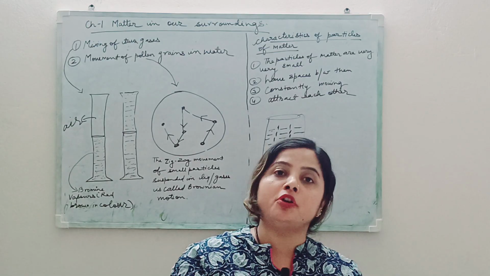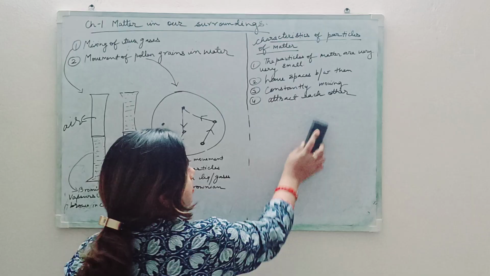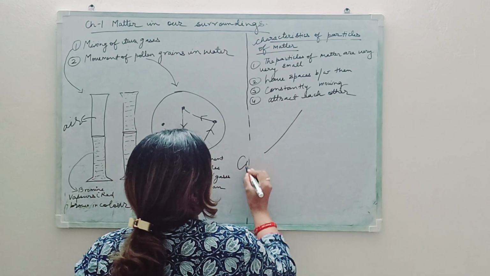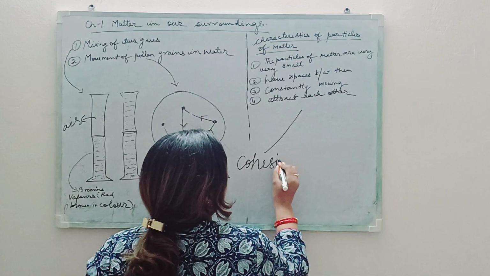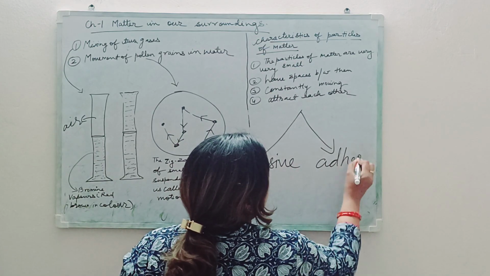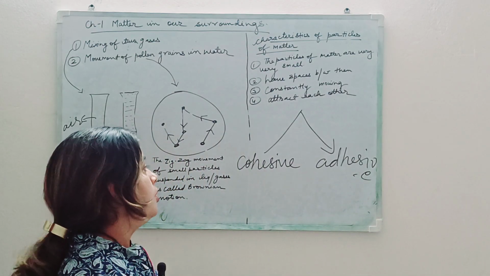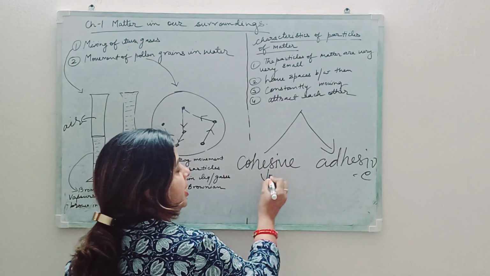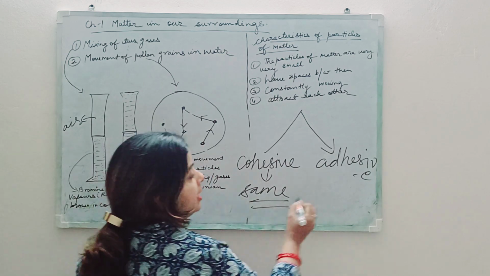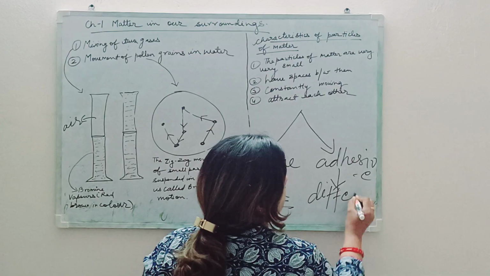Let me tell you, there are two types of forces: cohesive force and adhesive force. Cohesive force is the force between same type of particles, and adhesive force is the force between different types of particles.